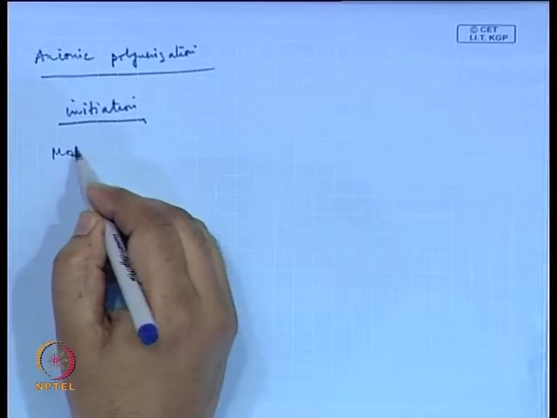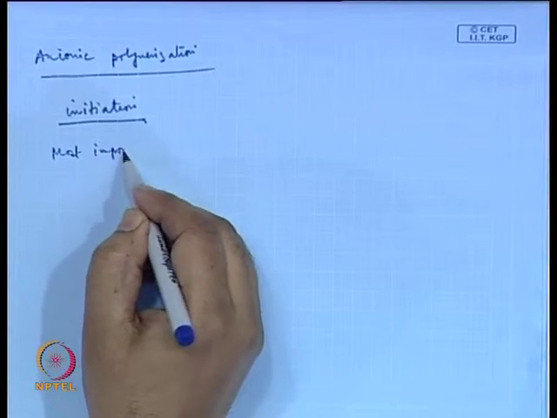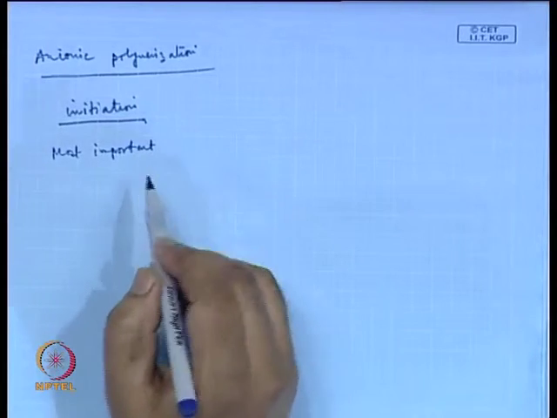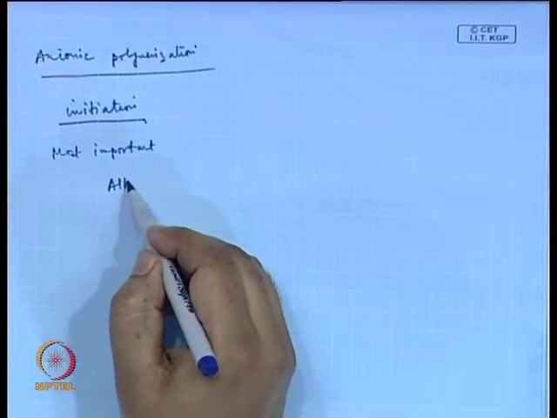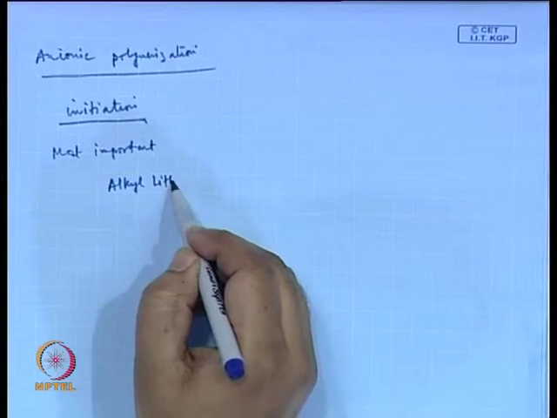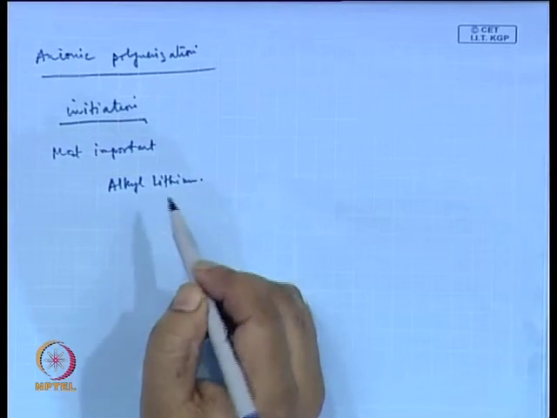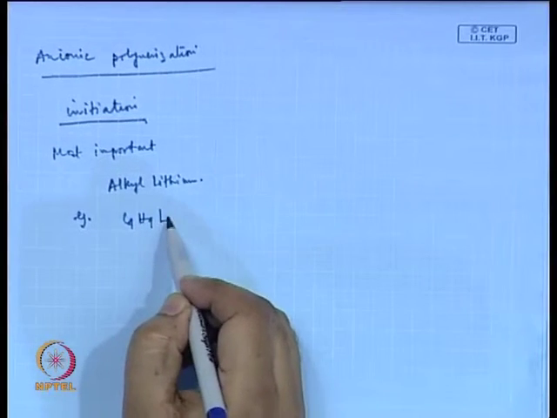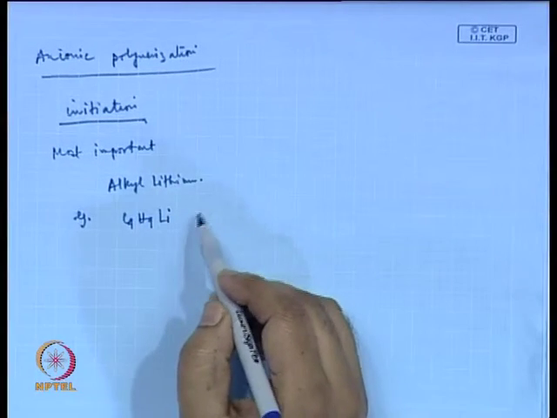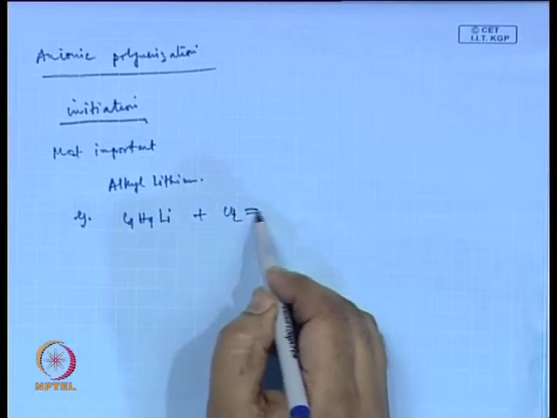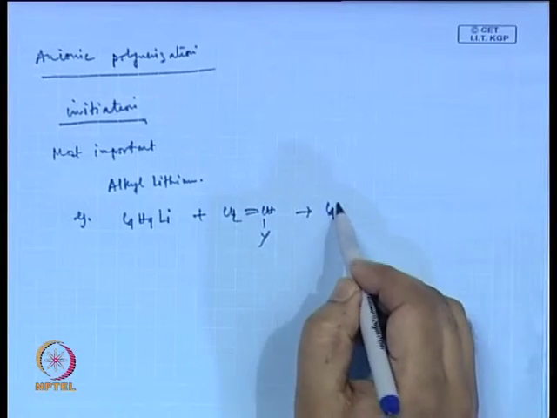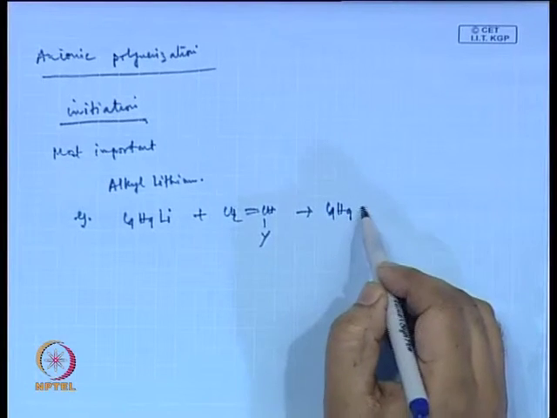The most important initiators use alkyl lithium. For example, I have this butyl lithium, which can react with monomers, giving rise to a carbanion.